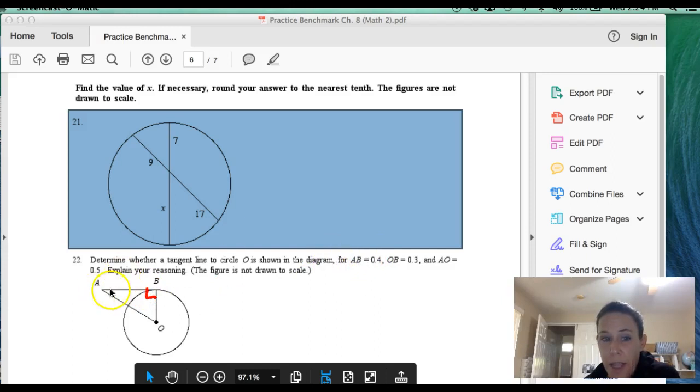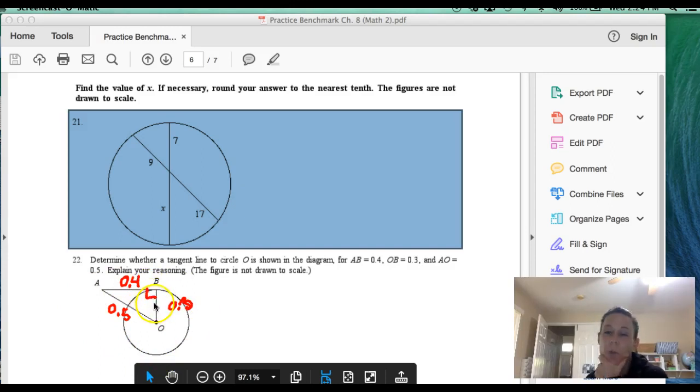So they tell us AB is 0.4, they give us OB, it's 0.3, and they give us AO, it's 0.5. And they want us to explain our reasoning. Is this tangent, and why? If it is tangent, it's going to meet at a right angle.